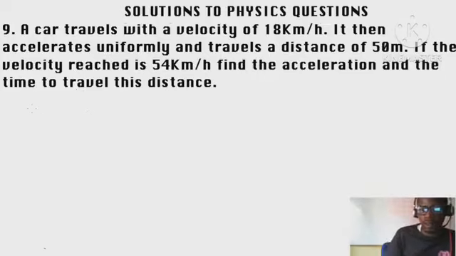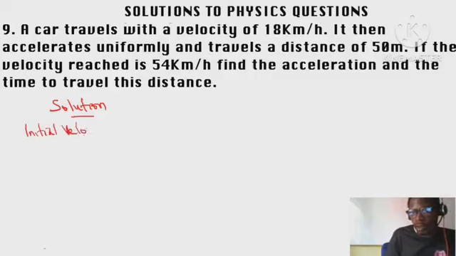Now, let's see the parameters that we are given. In the solution, we have that a car travels with a velocity. That's the initial velocity, u equals 18 kilometers per hour. It then accelerates uniformly and travels a distance.